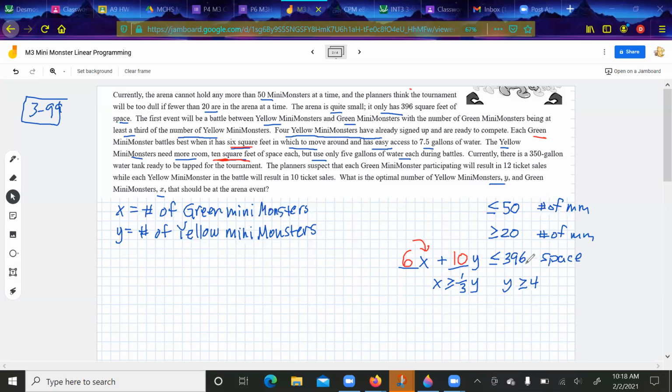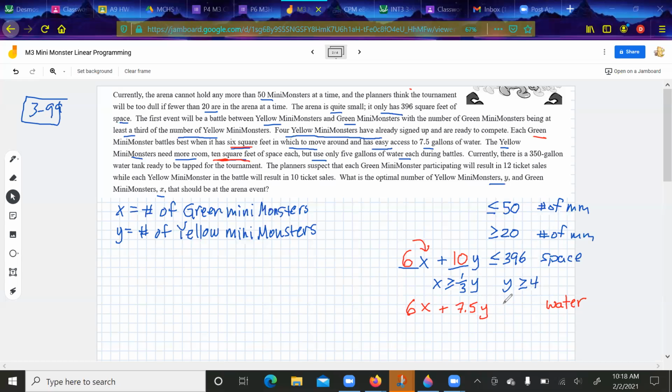Okay. Next, we need a water equation because they gave us space and they gave us water. Each green mini monster needs 6 gallons, so 6x. And the other monsters need 7.5 gallons, so 7.5y.